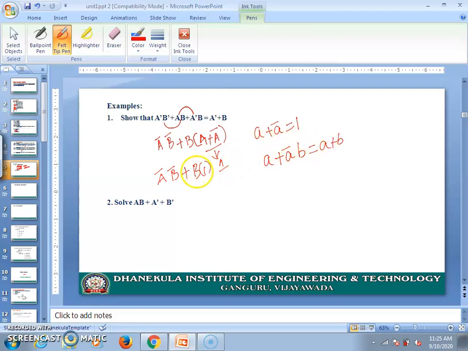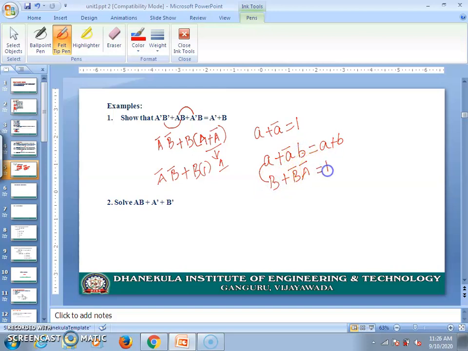So I'm comparing this equation B plus B bar A bar with the auxiliary law A plus A bar B is equal to A plus B. If you compare these two, A is equal to B and B is equal to A bar.